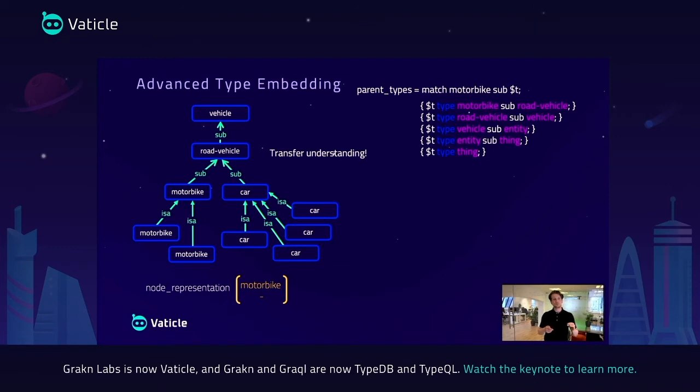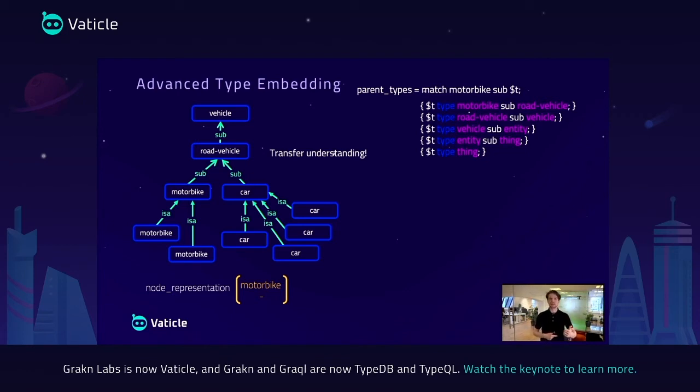Well, first things first, we need to query for the types that we have that supertype what we're trying to embed. So in this case, we have motorbike. So we're then going to automatically, of course, make a query to ask us for all of the supertypes of motorbike. So in this case, what we're going to get is motorbike.